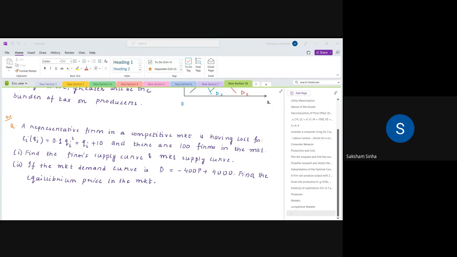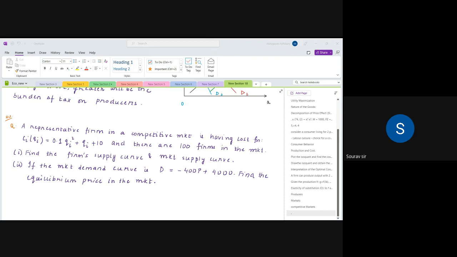Saksham, what are you getting? For the first part, because the average variable cost came as a linear function, I took quantity as 0. The value was 1, so the market price has to be greater than 1 for the producer to produce anything.